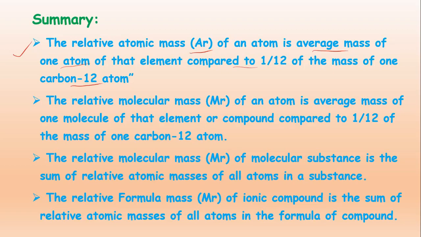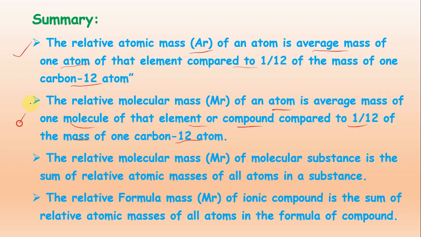What about relative molecular mass? Relative molecular mass is the average mass of one molecule of that element or compound compared to 1/12 of the mass of one carbon-12 atom.